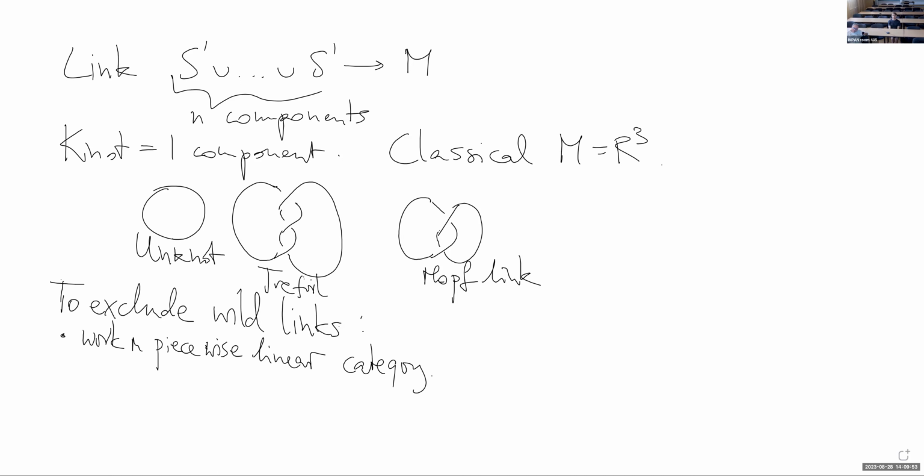In this category, all three-manifolds are triangulated, and links lie in one skeleton of those manifolds. Or alternatively, you can take M smooth, and then you take L to be an immersion.